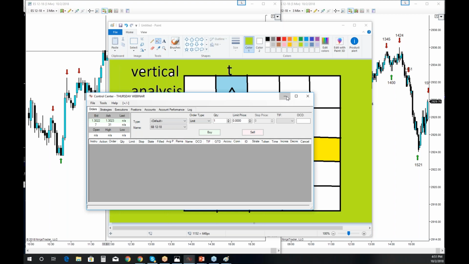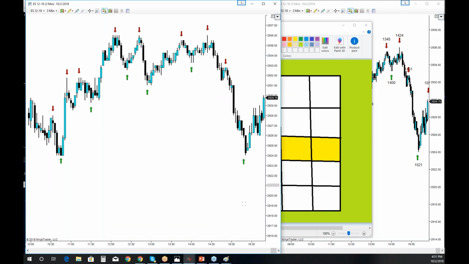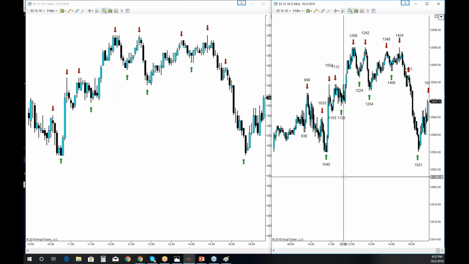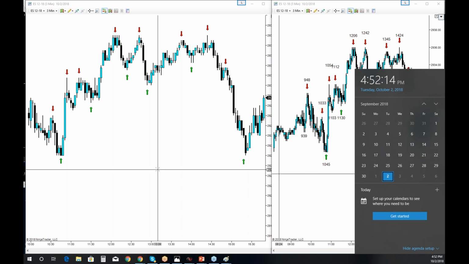So everyone knows the difference here between the horizontal and the vertical. So let's do this. Today, on the calendar, was the 2nd. So if we go to last Tuesday, that would be the 25th of the month.